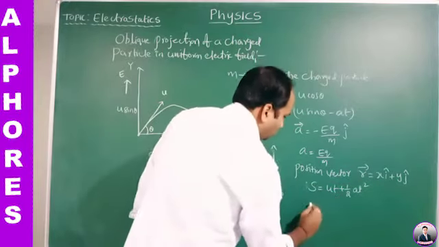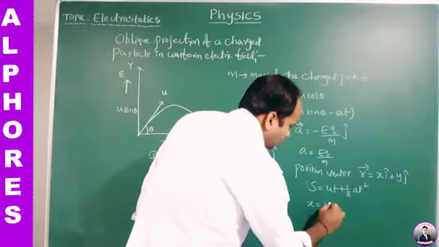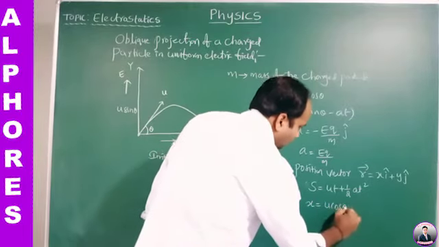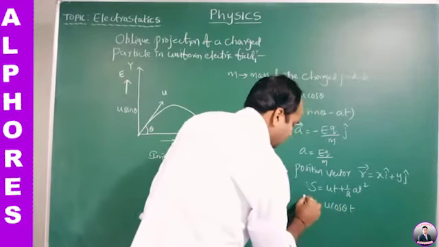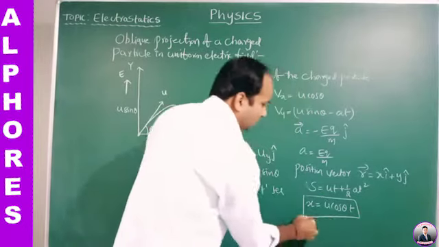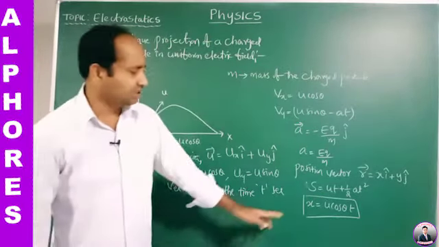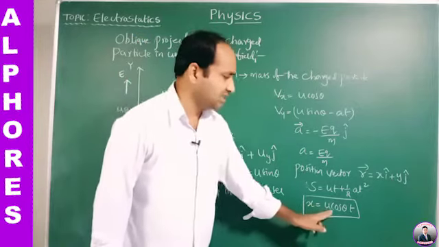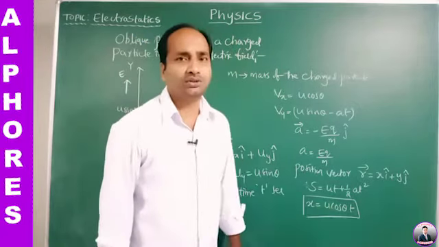S is equal to x here, u means horizontal velocity u cos theta, and time t. Horizontal displacement of the charged particle is x is equal to u cos theta into t.